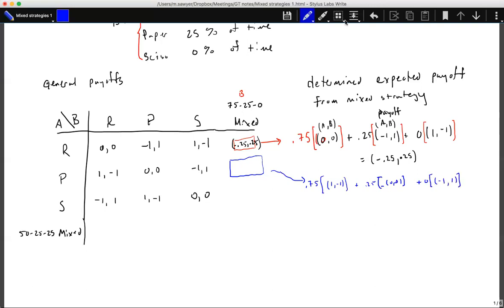So since we have a payoff 75% of the time, 25% of the time we get nothing, and 0% of the time we have our other payoff, we get our payoff here of 0.75, negative 0.75.